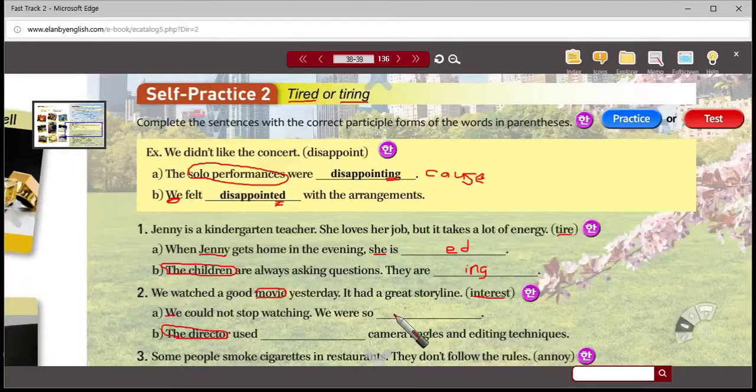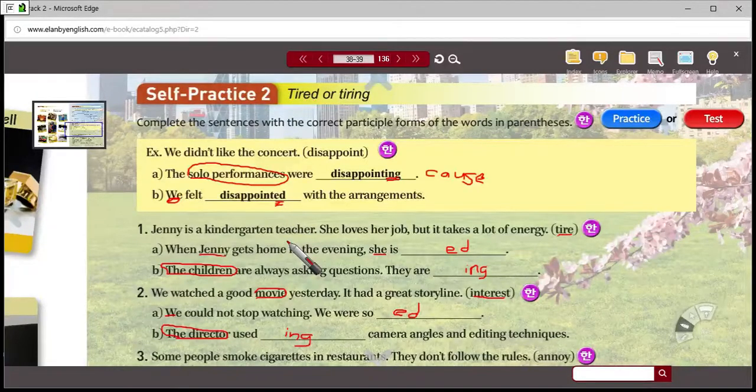We were interested, right? Because we were not the cause. The movie was interesting. The director was interesting. Okay? Interesting, and used interesting camera angles and editing techniques. So again, the cause will be ing, and the reaction is ed.